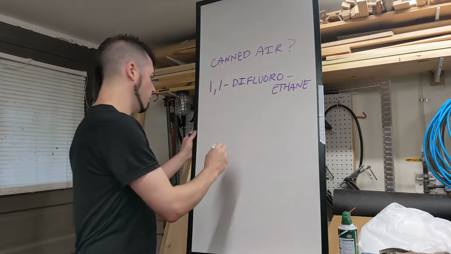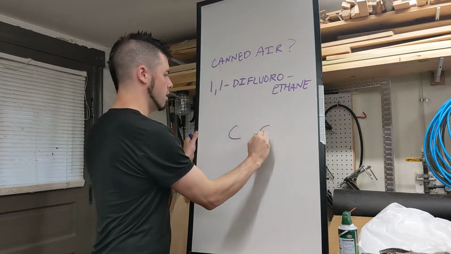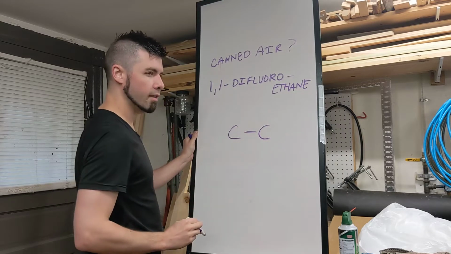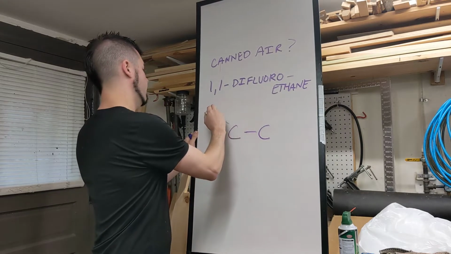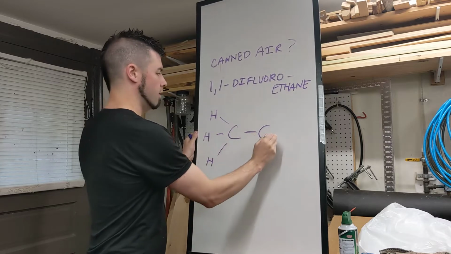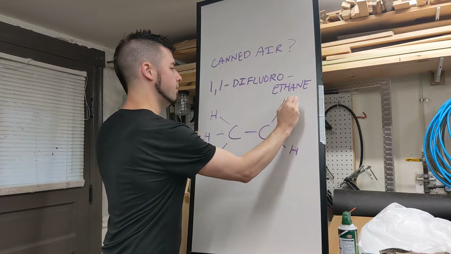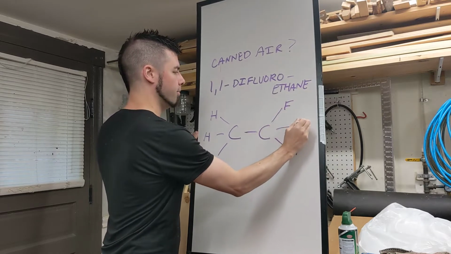And that molecule is nothing more than two carbon atoms, single bonded together. Over here we got our hydrogen, hydrogen, hydrogen, hydrogen, and then we have two fluorine atoms.